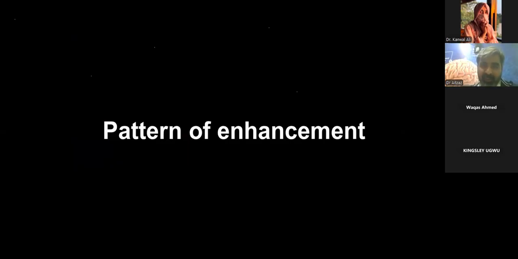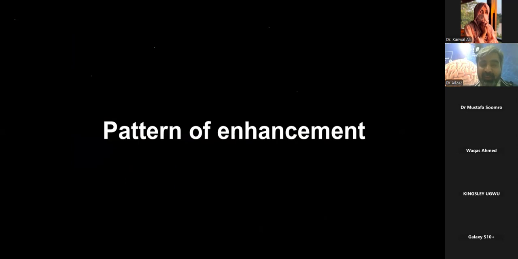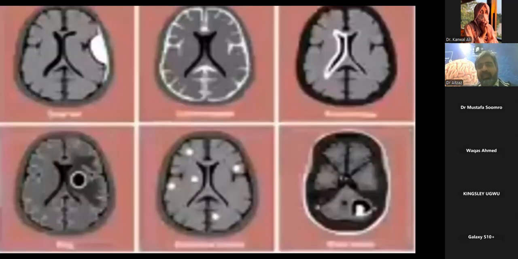Then we should know. Within 5 minutes, I will try my best to conclude this session. Pattern of enhancement: there are 6 patterns of enhancement radiologically. There is no 7th one. One is the dural pattern of enhancement, number 2 is leptomeningeal enhancement, then periventricular enhancement, ring enhancement, solid nodular enhancement apart from the ring one, and the third is nodular, cystic, and solid enhancement.